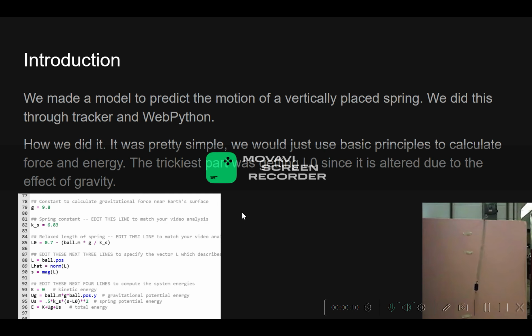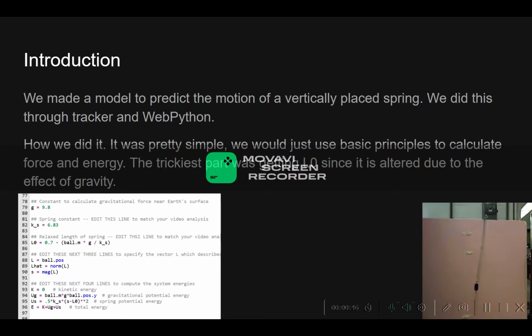In this lab, we measured the motion of a mass on a spring, first through Tracker, and then we made a model through WebPython. Through WebPython, we would just use real-world values that we initially got, plug them in, and also use some basic principle calculations to determine what the motion should be, like in a perfect world, without friction.